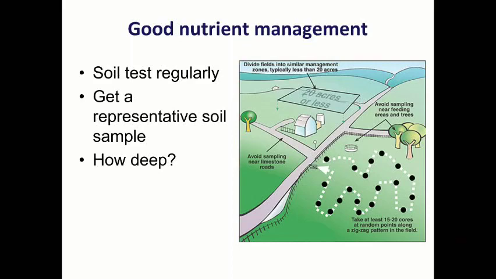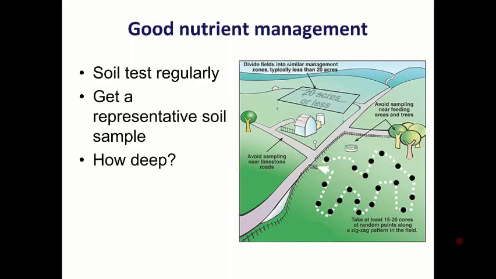You want to get a representation of an area that you're going to manage differently than elsewhere. So if you're going to apply a single rate of fertilizer across a 20-acre field, then you would only need to send really one sample in for analysis, but you would still collect a lot of samples to represent that field, mix them really well in the bucket, and then send the one off.